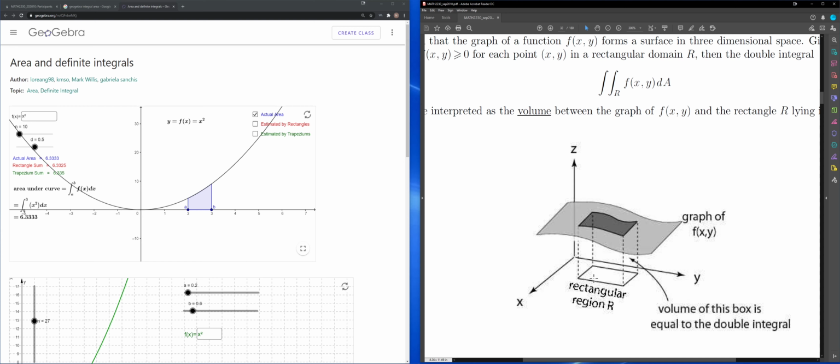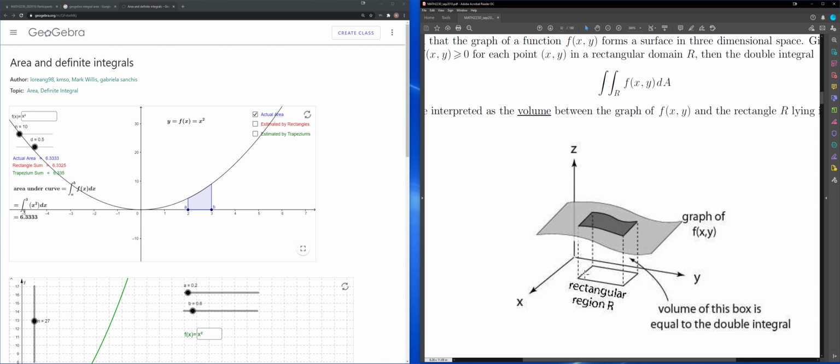In this case, the region is rectangular, so you have your region down here. Now you could take this region and project it up, and it's going to hit your graph over here in some surface, and the surface is this dark gray area here.